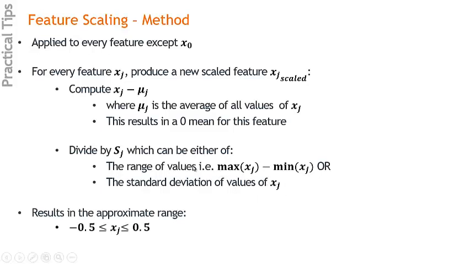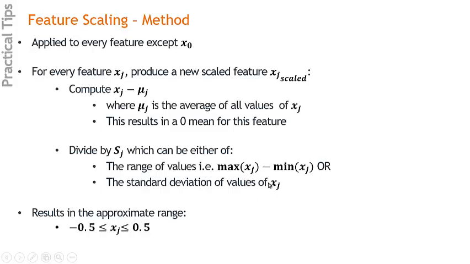Now, in this case, the range of xj is between minus 0.5 and 0.5. Well, that's more true for the first than the second. If you divide by the standard deviation, then there are a lot of tails beyond the standard deviation that are not included in the range.